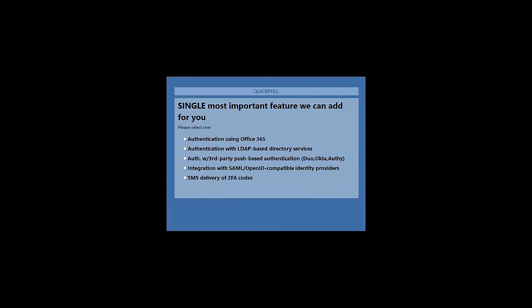And there may be other items, but in this list, as it relates to authentication around leveraging O365, authentication with other LDAP directory services, or with other third-party notification type methods like Duo, Okta, Authy from Twilio.